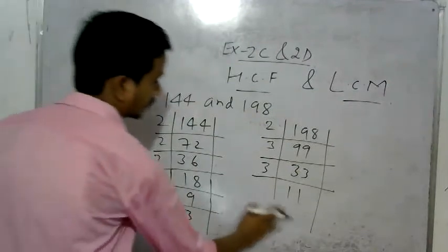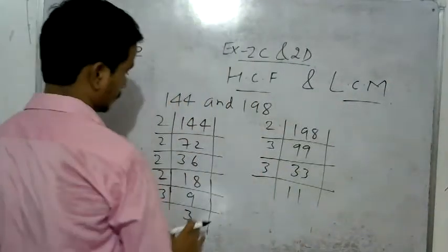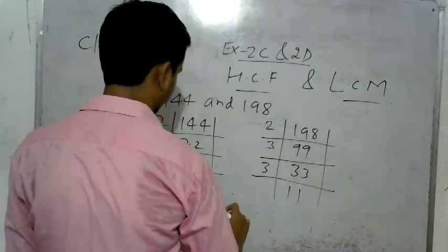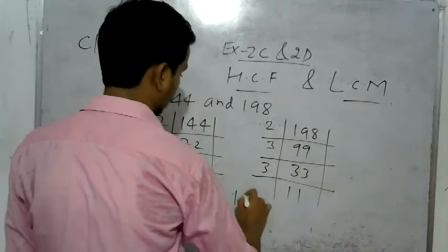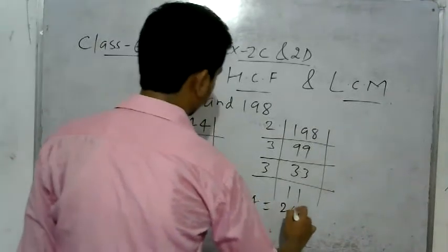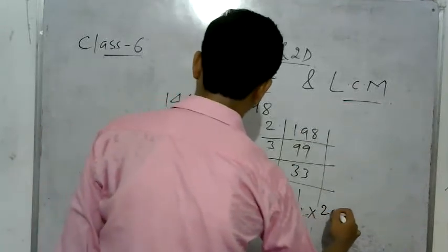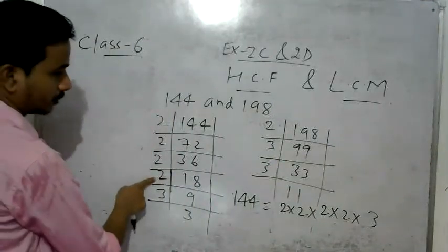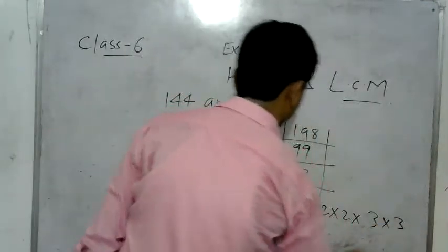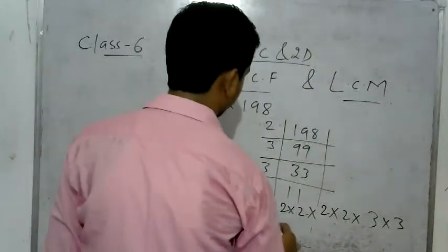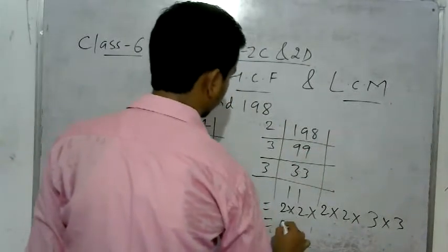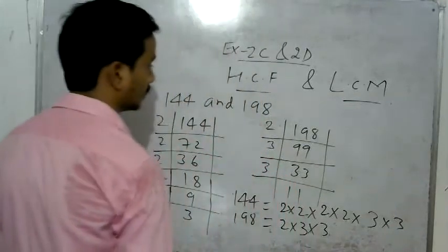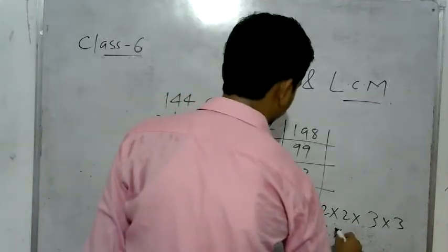So the prime factors of 144 will be 2 into 2 into 2 into 2 into 3 into 3. The prime factors of 198 will be 2 into 3 into 3 into 11.